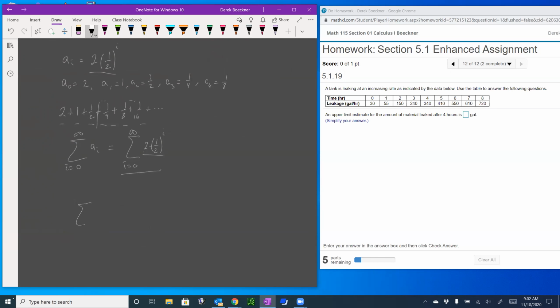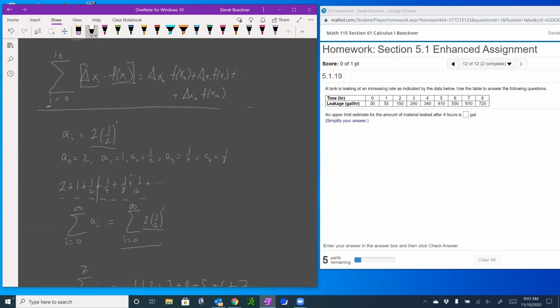Like if I wanted to add up the summation from i equals 1 to 7 of i itself, this would just be 1 plus 2 plus 3 plus 4 plus 5 plus 6 plus 7, right? And so on.